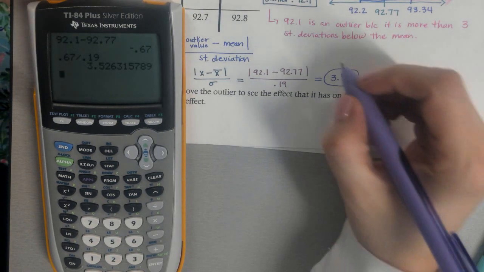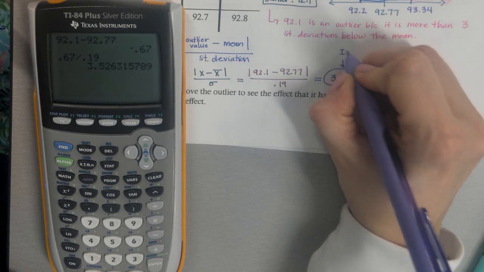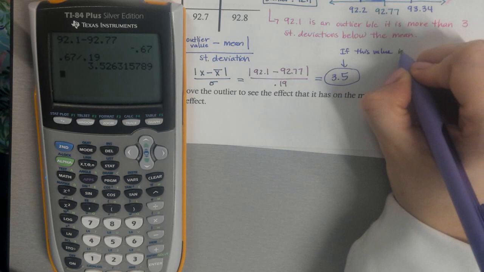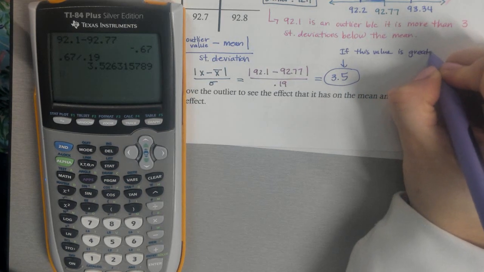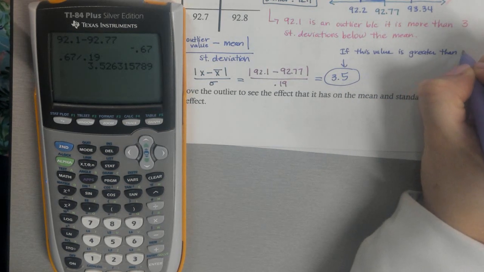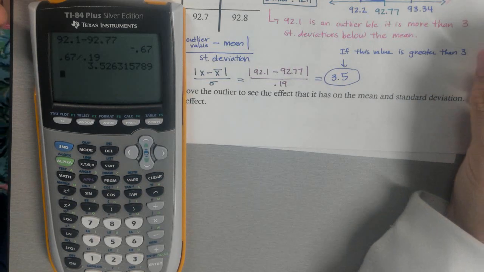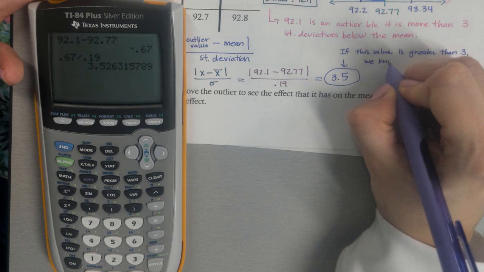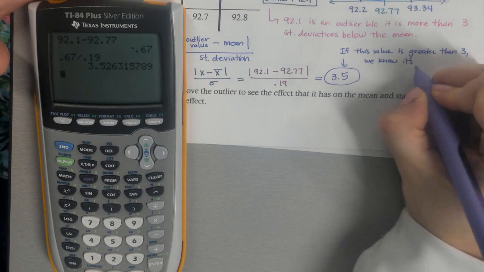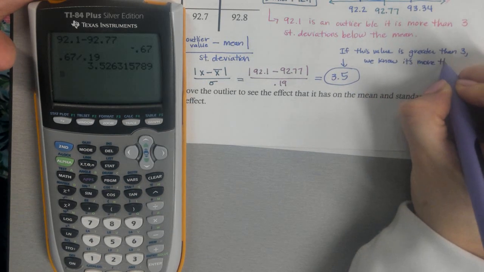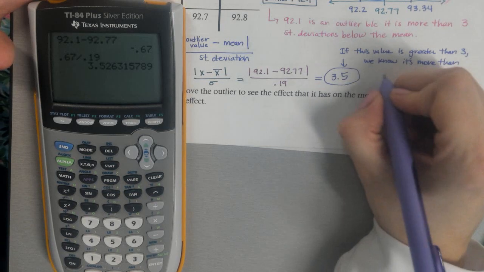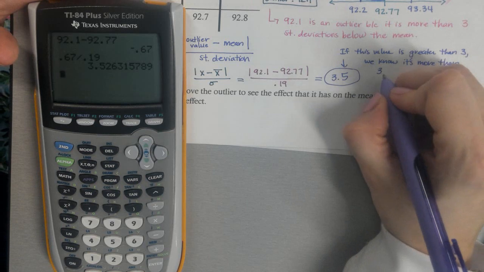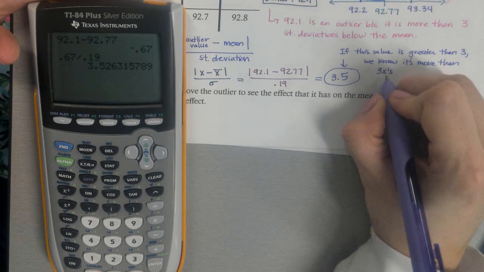So if this value is greater than 3, which it is, we know it's more than 3 times the standard deviation from the mean.